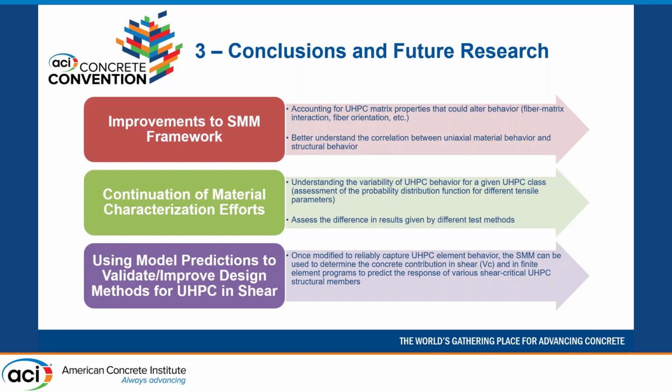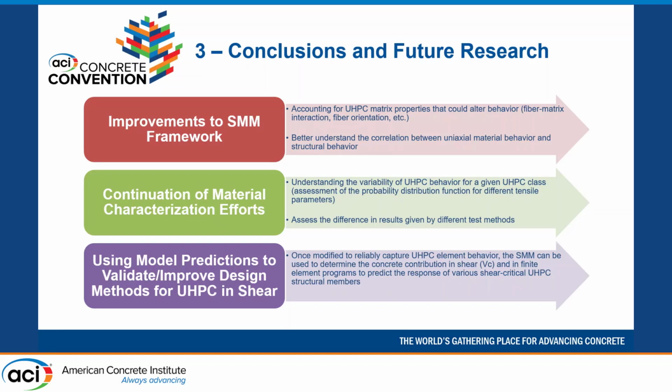And then, continuation of material characterization efforts. I feel like this is something that's very big right now in terms of UHPC, characterizing the tensile behavior using different tests. There we have direct tension tests and other tests, the punching shear tests, to characterize the tensile behavior.